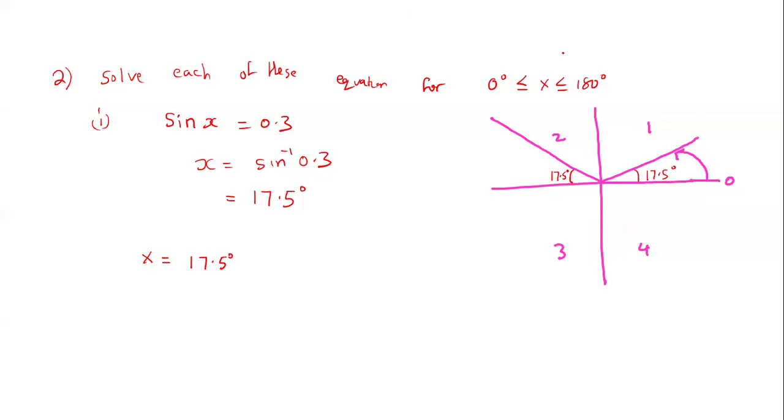Then you move again up to here. Which angle is that, members? 162.5. Then I put 162.5 degrees, and that is the answer. You stop there because they have told you your angles are between 0 and 180, so there is no other angle you can obtain.